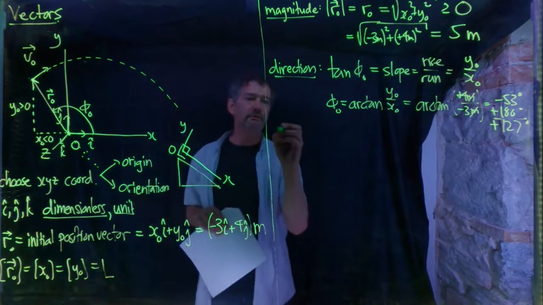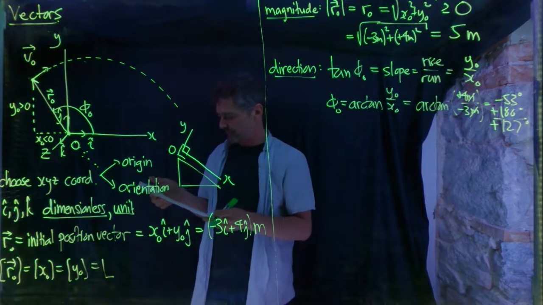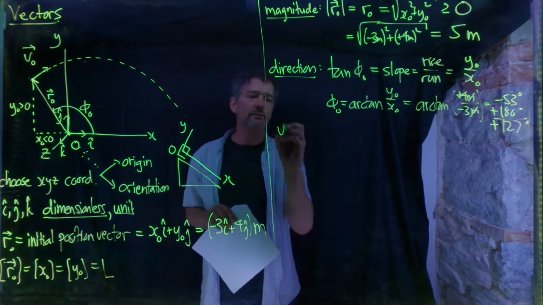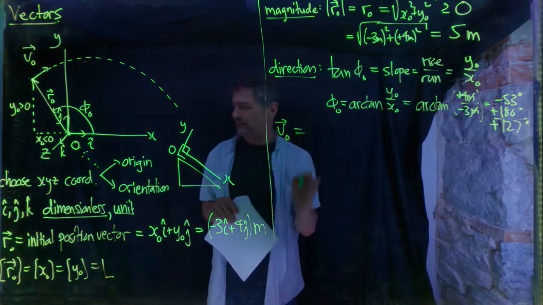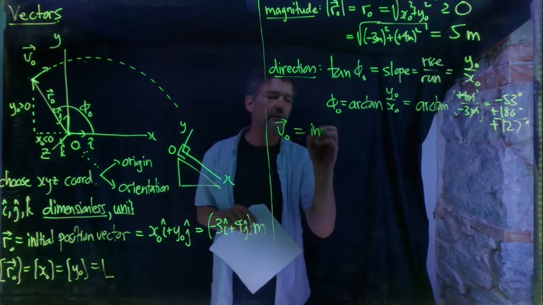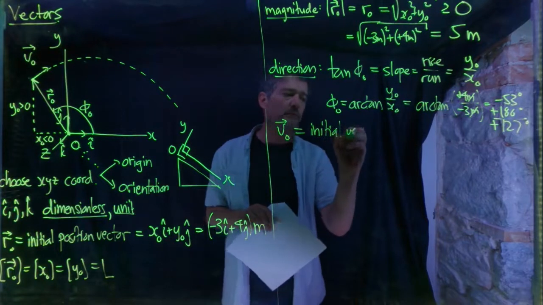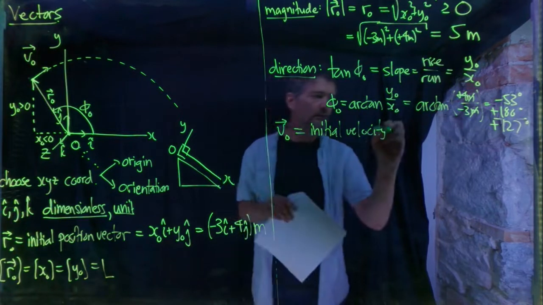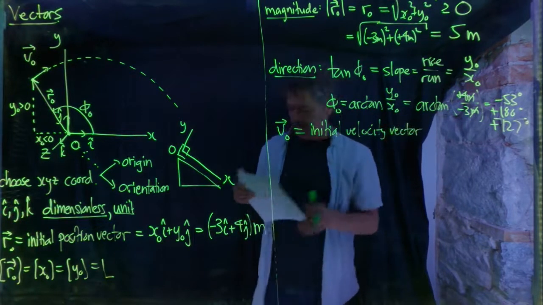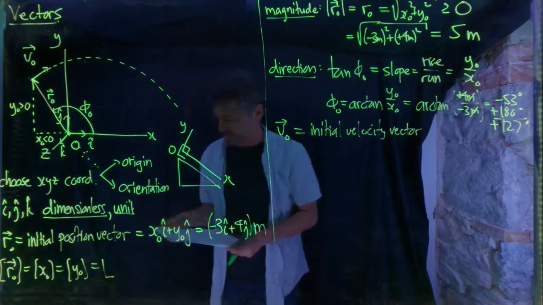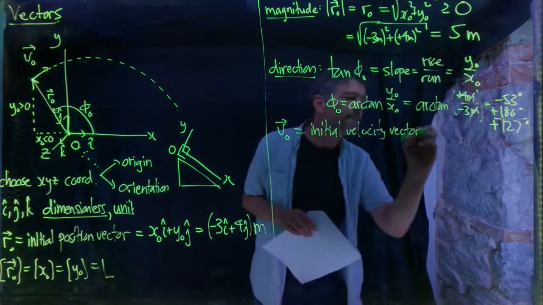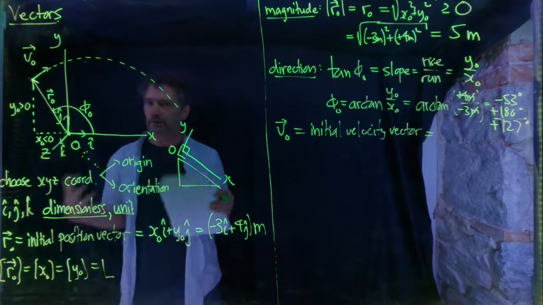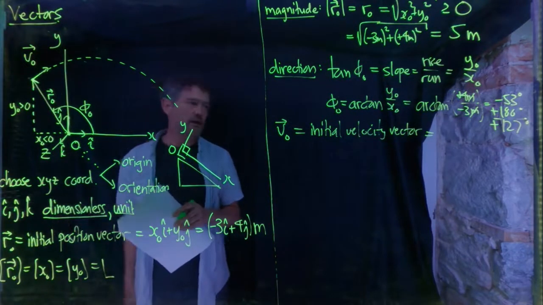So let's take v0. I wonder if I can fit this up here. I can fit it over here. So v0, that's going to be your initial velocity vector. Remember that we can write any vector, including this velocity vector, as a linear combination of the i hat, j hat, and k hat unit vectors.